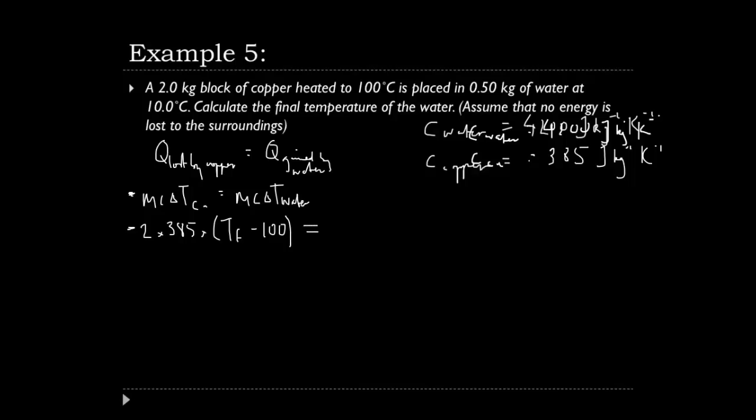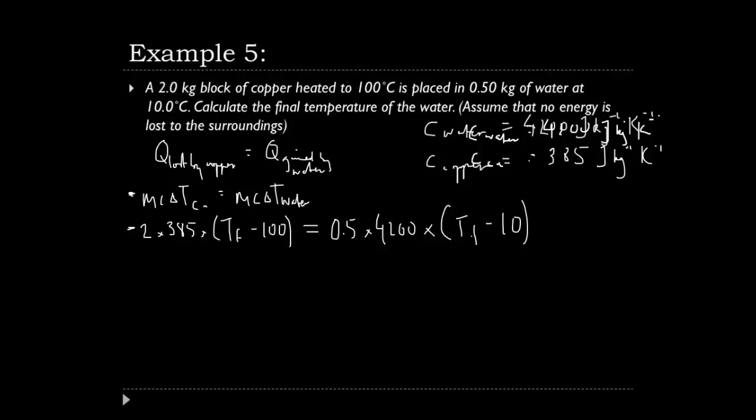That must be equal to mcΔT of the water. We had 0.5 kilograms times the specific heat capacity, which is 4200, times the change in temperature, which is Tf minus, and the starting temperature was 10 degrees. Okay, so there's our equation.